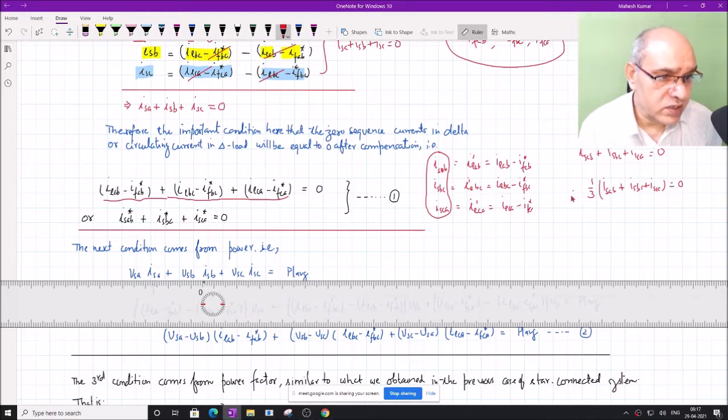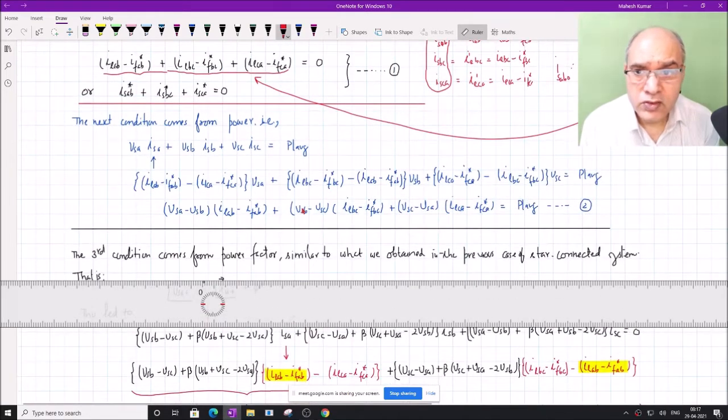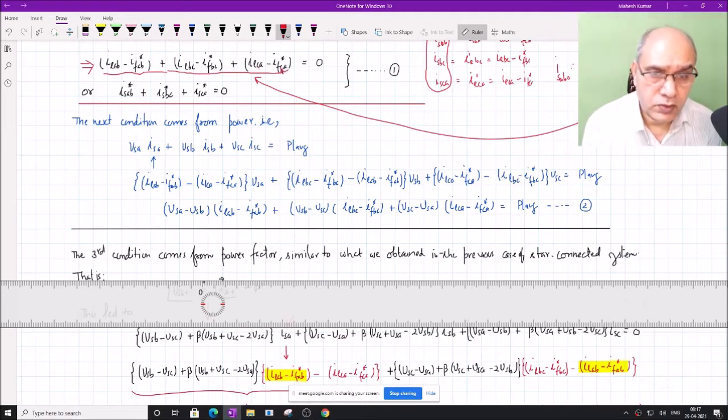This is actually ISAB 0, zero sequence 1 by 3 by symmetrical components. This must be equal to 0, which basically implies that this must be equal to 0. Okay, so this ensures that zero sequence current or the circulating current within the delta must be equal to 0.